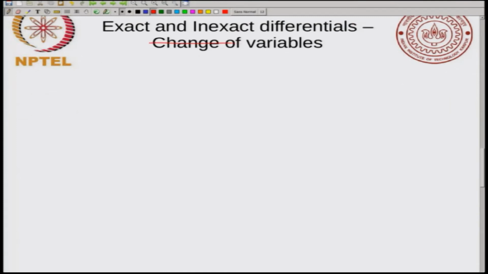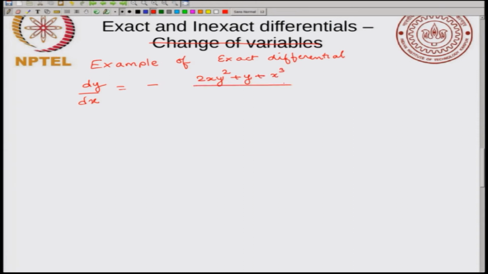Okay. So, I will not be discussing this, let me just take an example of an exact differential. So, suppose you have dy/dx is equal to minus (2xy² plus y plus x³) divided by (2x²y plus x plus y).